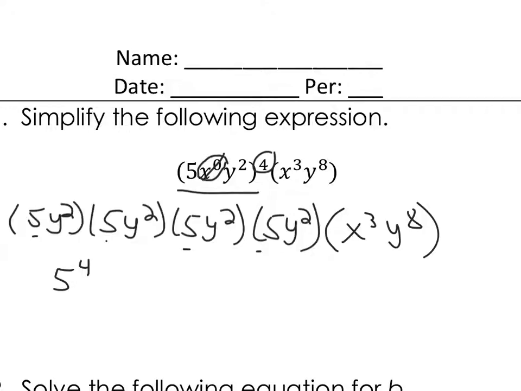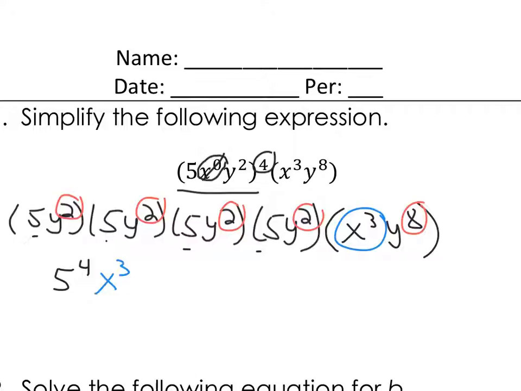Then I am going to do the x's first, just because they come first in the alphabet. You see here, we only have 3 x's basically, x to the 3rd power, and there's nothing else to add to it, so that is just x to the 3rd. And then all of the y's, we've got y to the 2, 2, 2, 2, and then the 8.